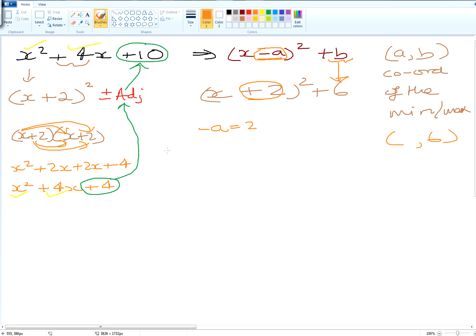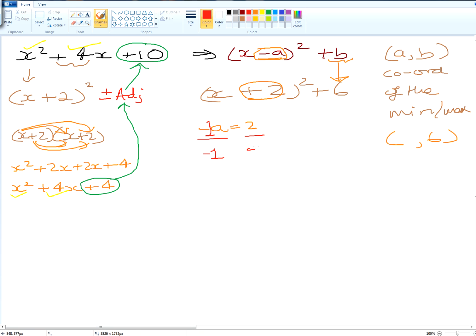But I don't want minus a. I want to work out the value of a. So how do we work out the value of a when we know what minus a is? We have to divide it by minus 1. Don't forget, minus a is really minus 1a. So we divide both sides by minus 1.